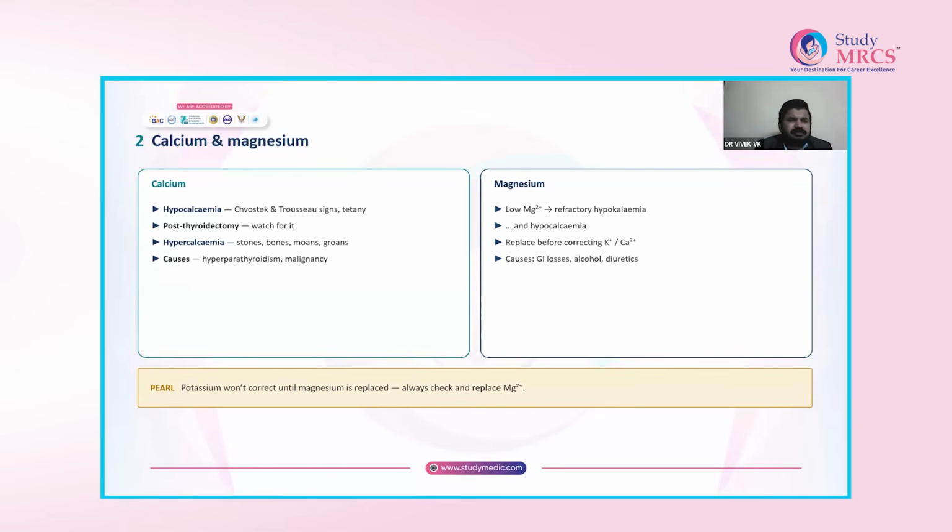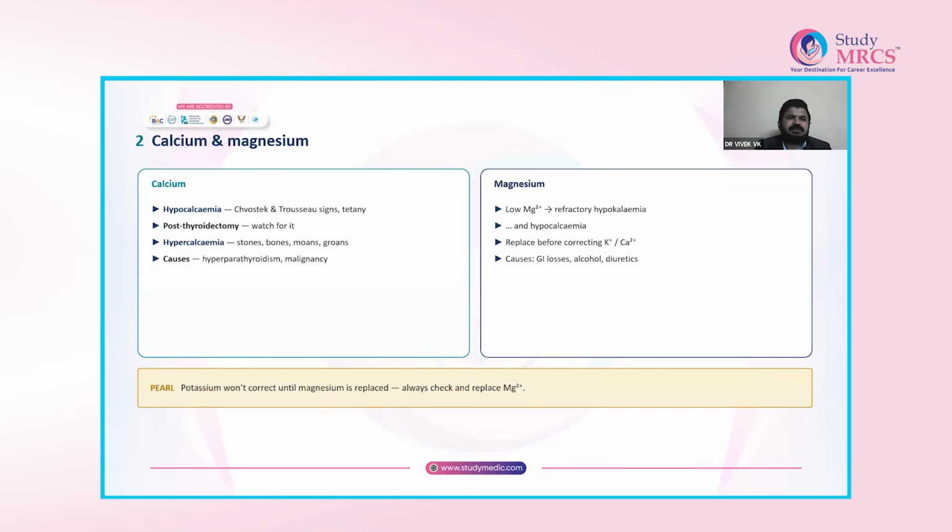The causes are different. Suppose a patient has undergone thyroidectomy, the patient has an increased risk of hypocalcemia. It may be due to sometimes the accidental removal of the parathyroid along with the thyroid, or it may also be due to decreased blood supply to the parathyroid post surgery.